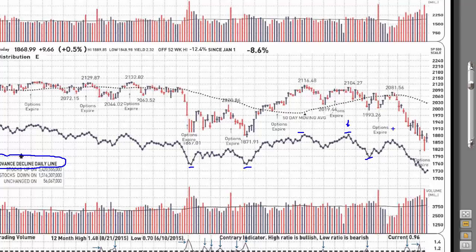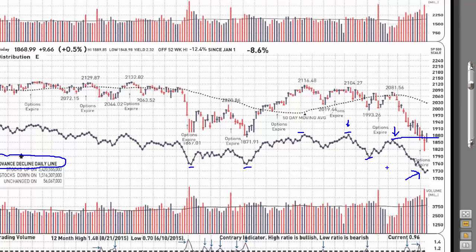We put in this low, this lower high, and this lower low. This is a very bearish looking advanced decline line. We want to see it take out this area of resistance right here before we get overly excited about the market.